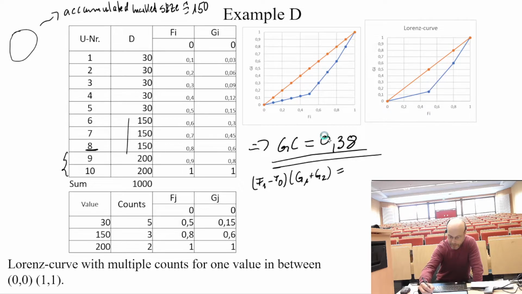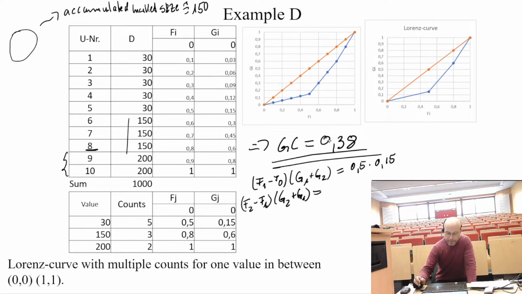There we have done 0.5 times 0.15. F2 minus F1 times G2 plus G1 is then 0.8 minus 0.5, which is of course 0.3, times this plus this, which is 0.75.